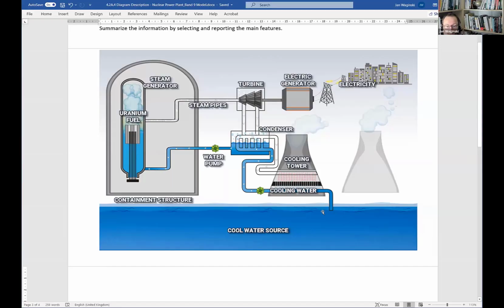So the cooling water is not a closed circuit, it's an open circuit. The water that goes into the containment structure and the steam generator, that's a closed circuit, it seems. I'm sure they add water to it, but this seems to be a closed process.